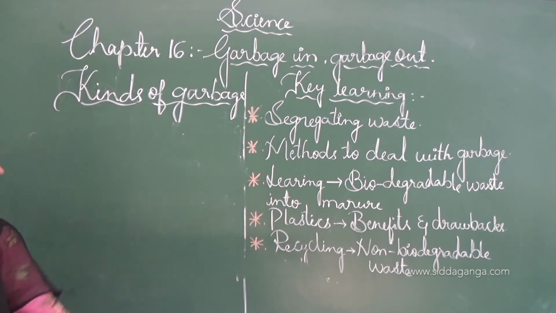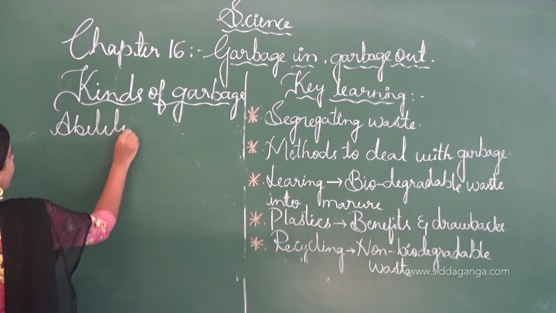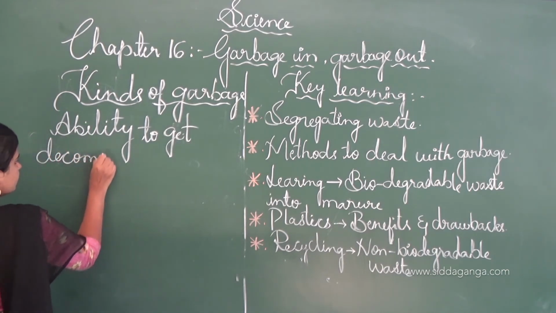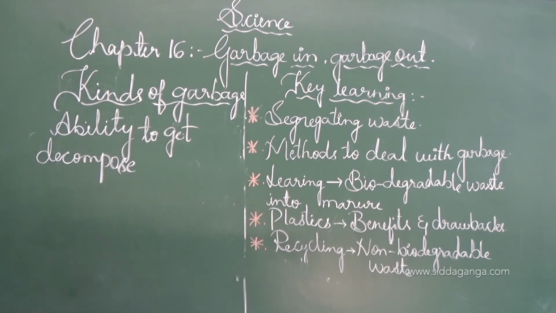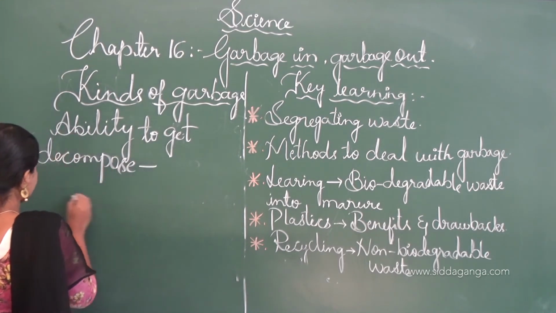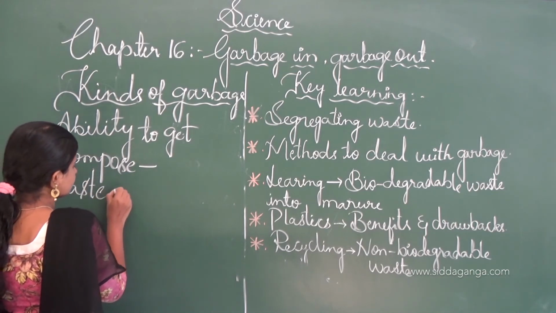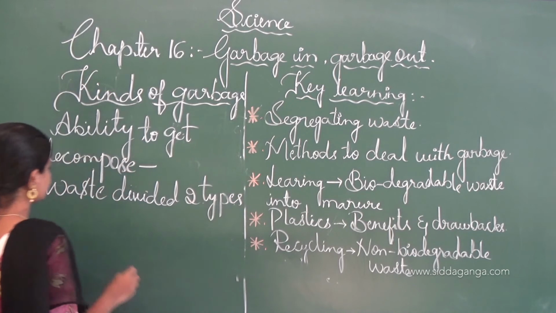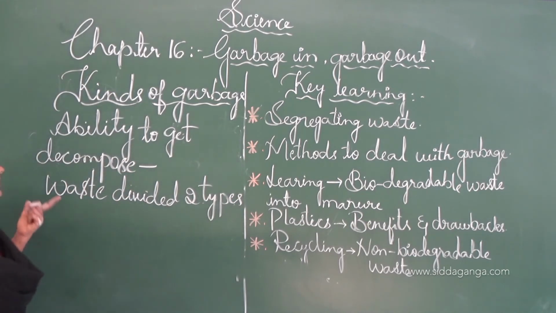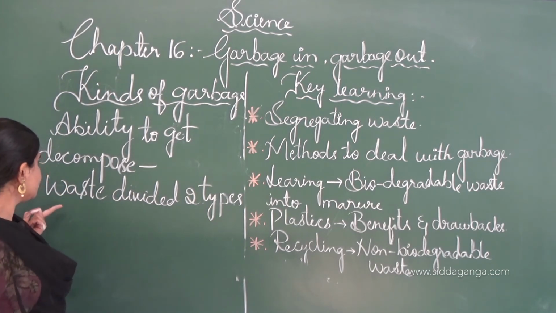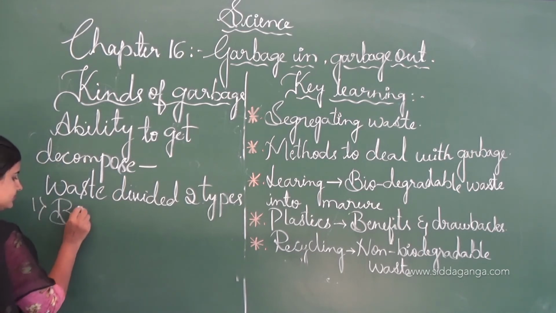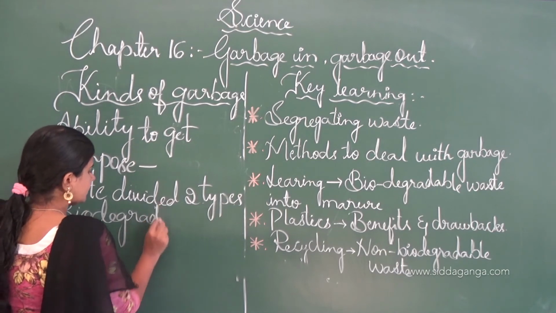On the basis of the ability to get decomposed, waste can be classified into two different types. One is biodegradable waste.